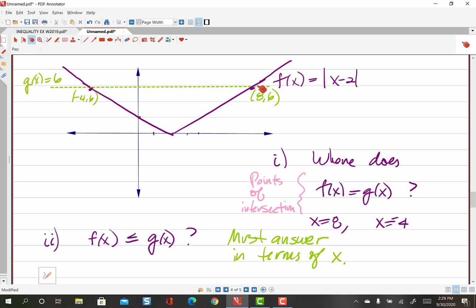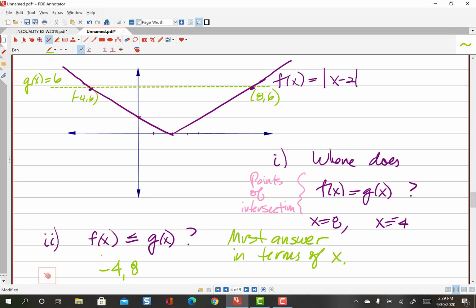That's where it's going to be true. And as I said, we're going to answer this in terms of x. So my x value over here up to whatever my x value is over there. For the second question here, that's -4 to +8. Now this was less than or equal to g of x, so the endpoints are included.